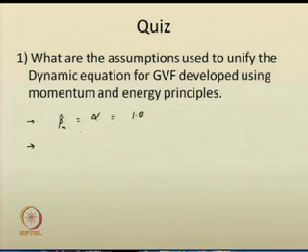This is one assumption. The second assumption was that the shear slope is approximately equal to the energy slope. Both are equated as the friction slope, where friction slope is computed using Manning's equation.